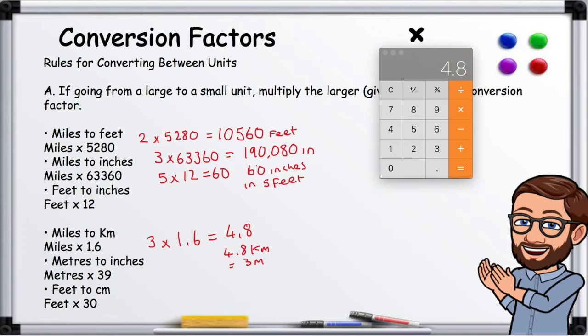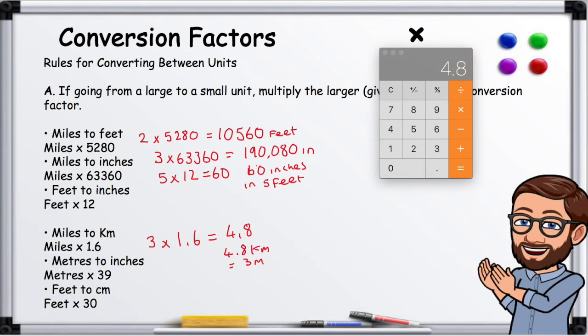Okay, so our next one, we have metres to inches. So if we're given a set amount of metres and we're going to find out how many inches there are in that, we multiply the metres by our conversion factor, and we know there are 39 inches roughly in a metre.